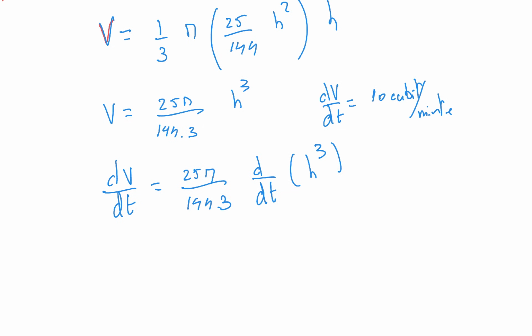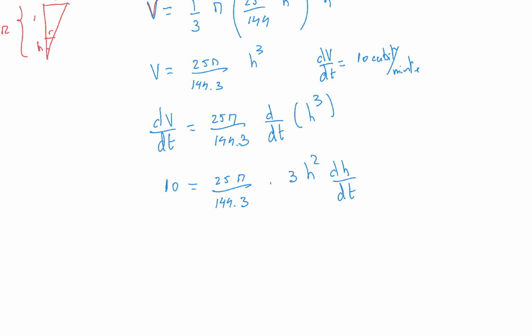The derivative of the volume is 10 with respect to time t, since you are putting 10 cubic feet per minute into the cone tank. Well, this is a constant, 25 pi divided by 144 times 3, whatever it is, multiplied by the derivative of h cubed with respect to t. This is 3 times h squared multiplied by the derivative of h with respect to t.